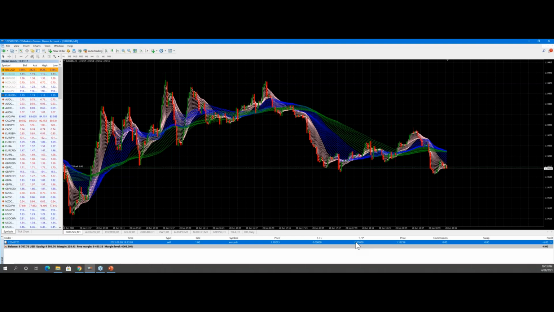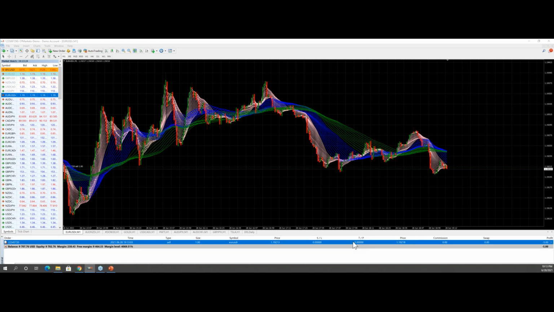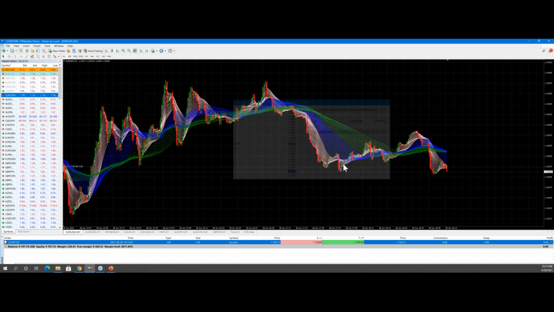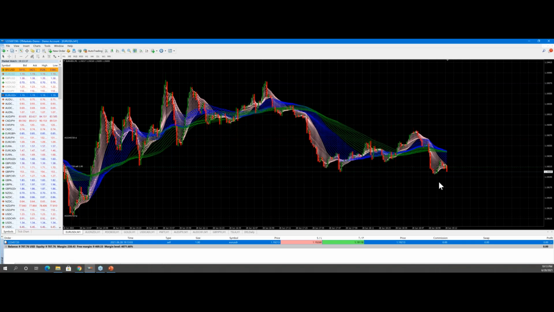You either make the stop loss 5 pips, or you do multiplications. For now, I will just keep it simple and do 100 mini pips, which is 10 pips, and 50 mini pips, which is 5 pips only. And we'll see how the market will react to that.